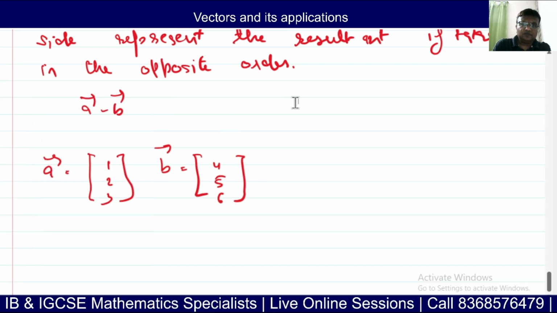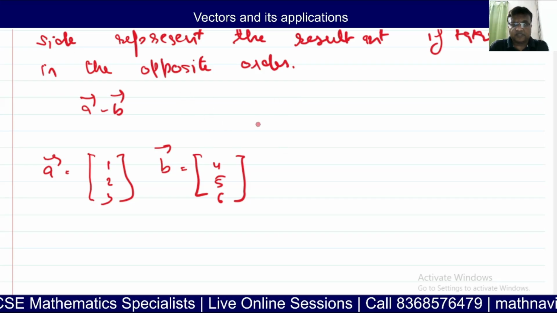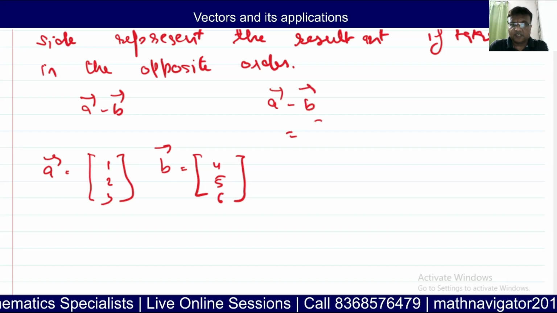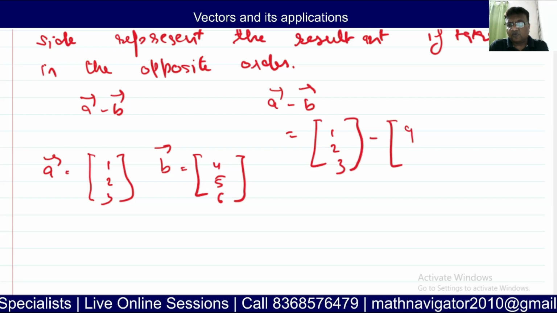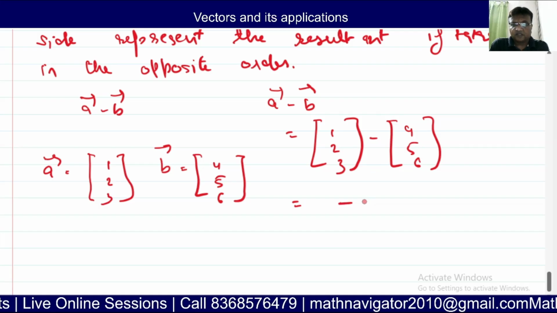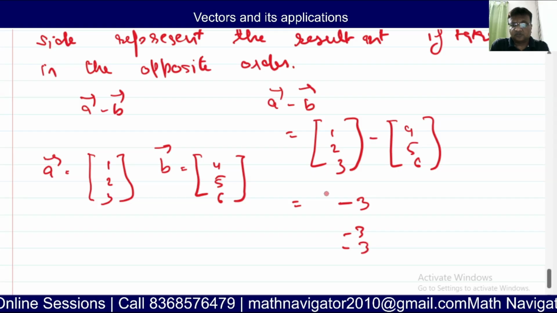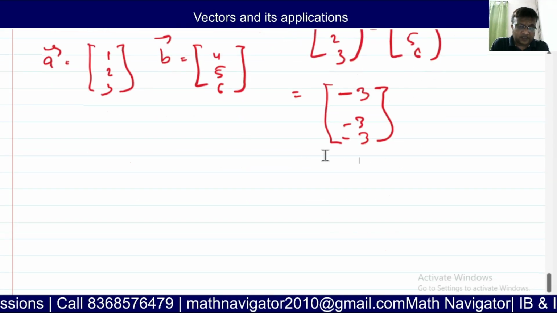So now I have vector A minus vector B. So vector A minus vector B will be 1, 2, 3 minus 4, 5, 6, which is negative 3, negative 3, again negative 3. So this is my vector A minus vector B. This is how you'll do vector A minus vector B.